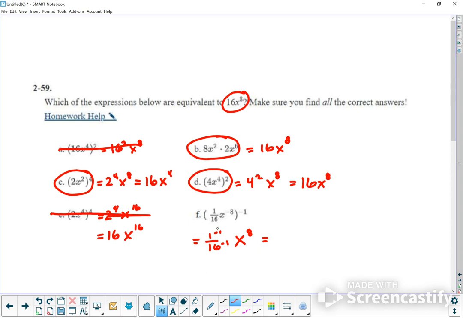Okay, and remember when the base has a -1 or negative power, it goes to the other side and becomes positive. 16 to the -1 means it goes to the other side and becomes positive. The x to the 8, that doesn't have a negative, so it stays put. And 16 to the first is just 16, and x to the 8. And that one actually works as well. Okay.